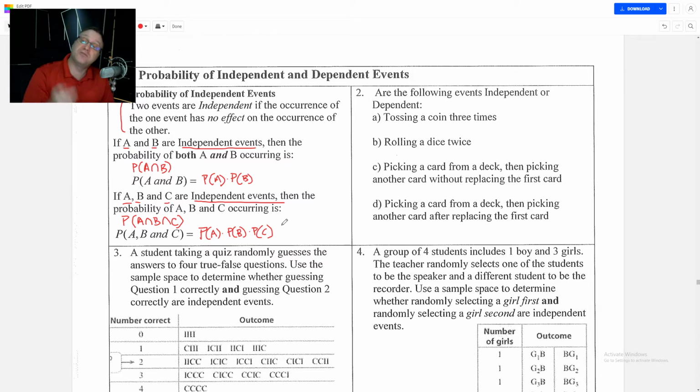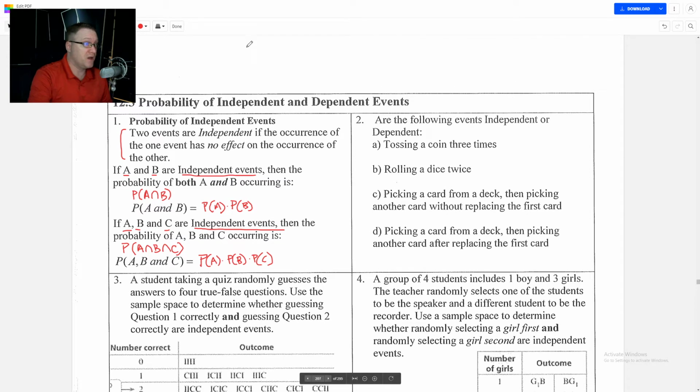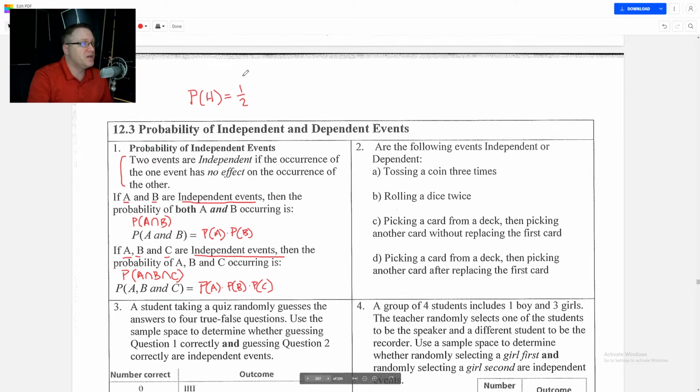So let's take it back to my example. If I am flipping a coin, I might be interested in the probability that I get a heads. Well, the probability of getting a heads would be 1/2. When you flip a coin, the probability of getting heads is 1/2. And then J is rolling his die.